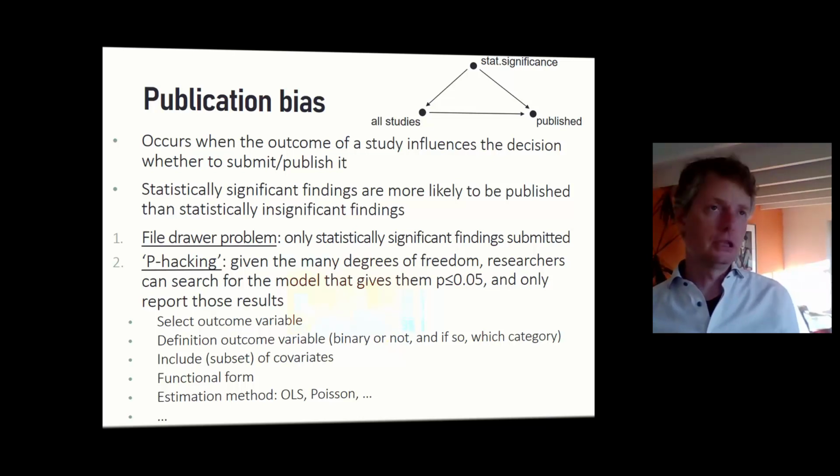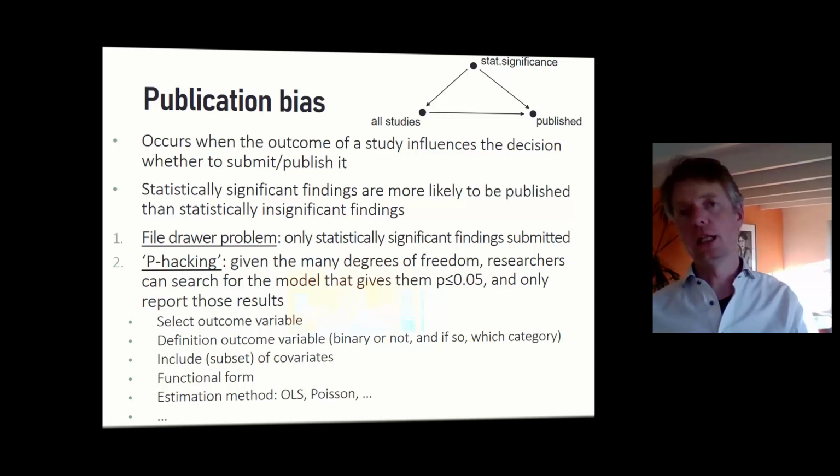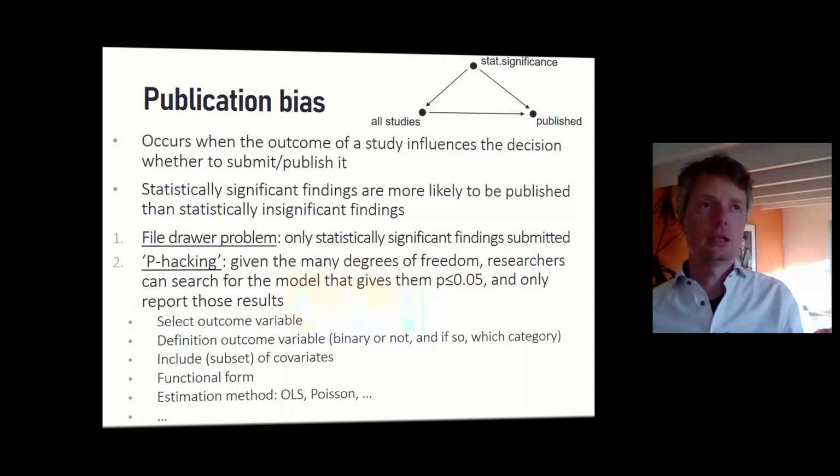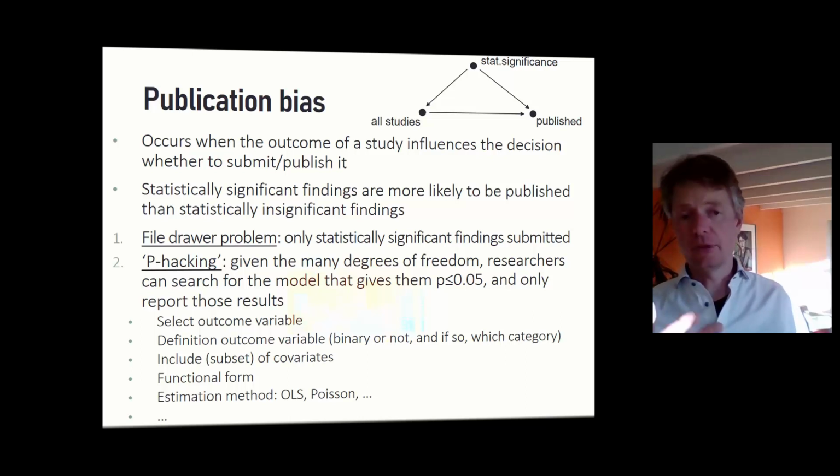You may either put it into a 0-1 format, or you may take the natural logarithm, and then we get to functional form actually. When estimating your model, you may or may not include certain covariates, etc.